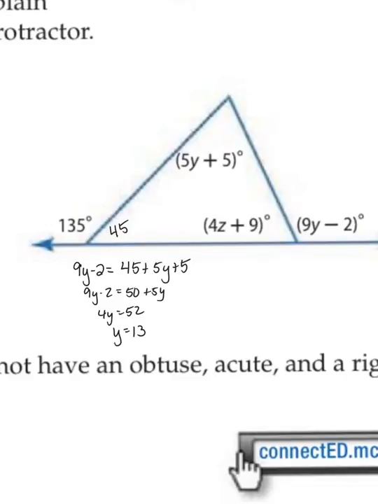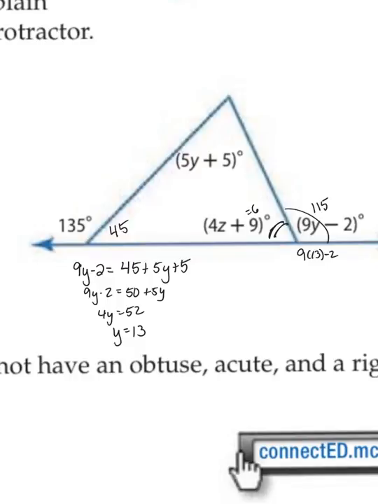Okay, now that I have y, I can find z, easy. How about if we just pop that in now, right here, 9 times 13 minus 2. 9 times 13 is 117 minus 2 means I've got 115 degrees here. So since it forms a linear pair with my z angle, I'm going to have 180 minus 115.